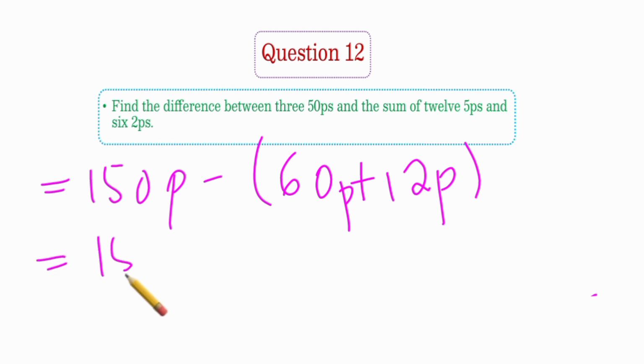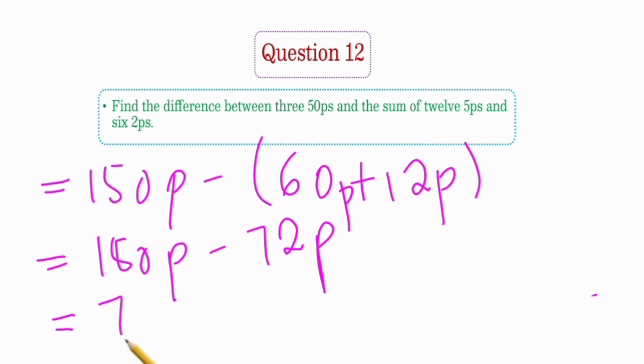So we are going to do 150p take away 72p. 150p take away 72p is obviously 78p. So you are left with only 78p. If you take the difference of 350p's and the sum of 12 5p's and 6 2p's. Hope that's clear now.